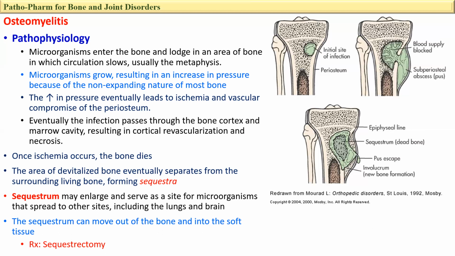Now, the pathophysiology: the microorganisms will enter the bone, and they will stay there.